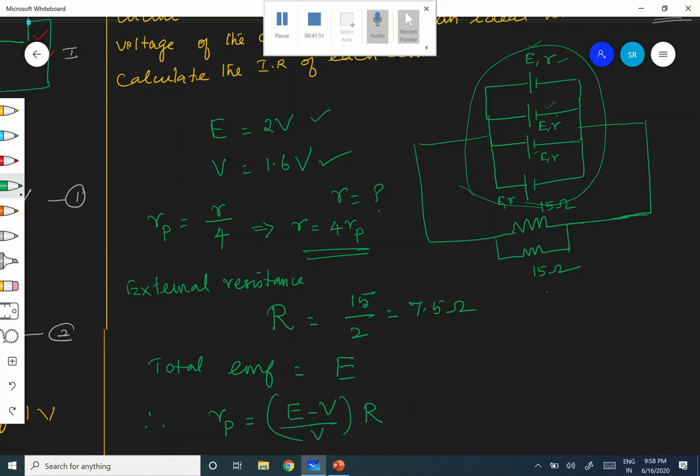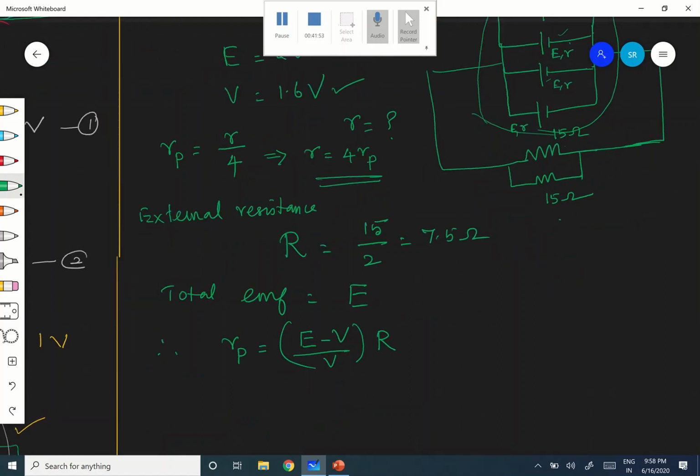E minus V by V into R. E is 2 and V is 1.6, divided by 1.6, into what is the total R?